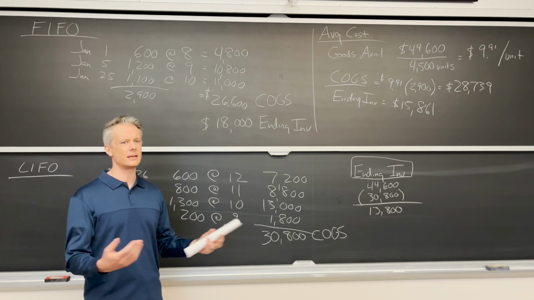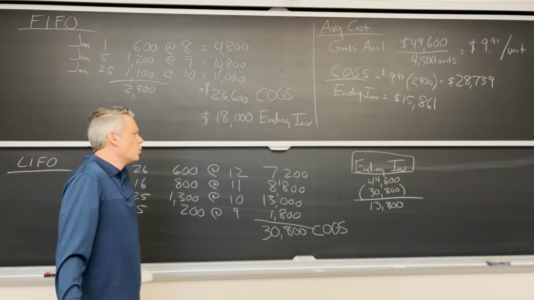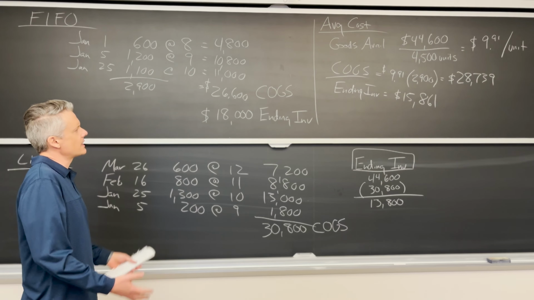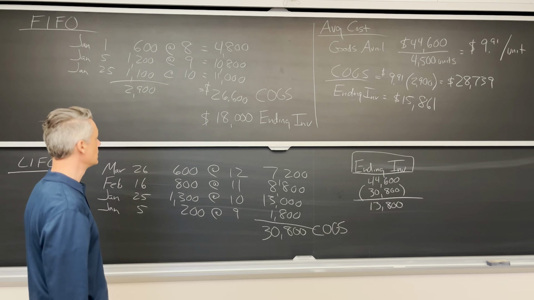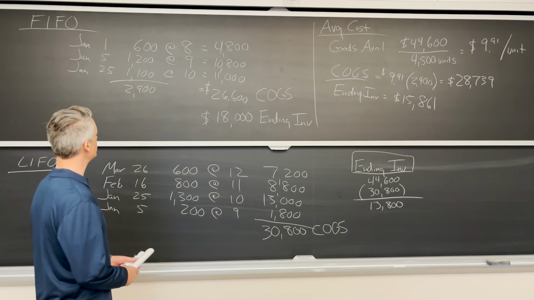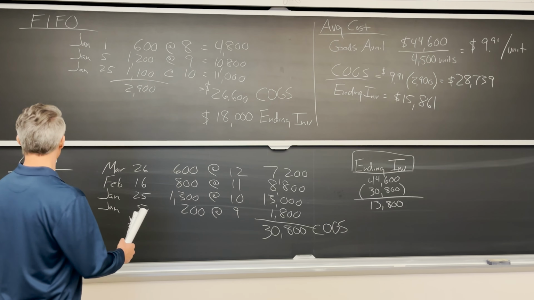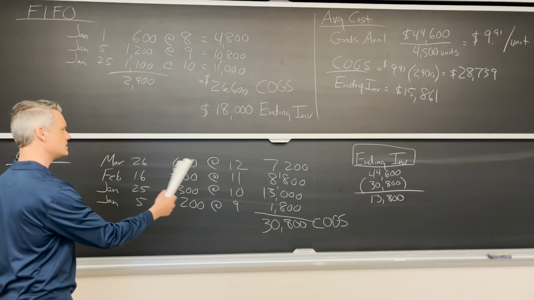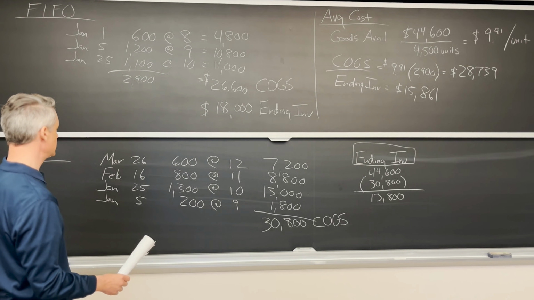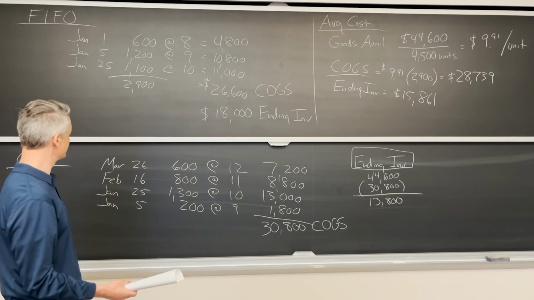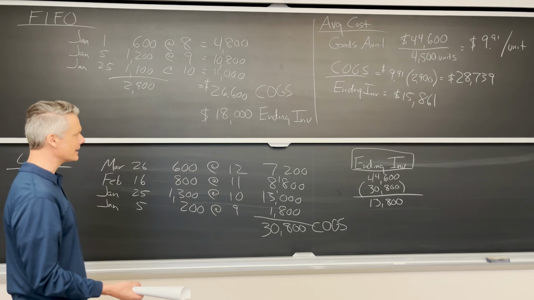Something to think about ending inventory is which one really resembles market value, because we can poke holes in any of these methods. For example, does LIFO represent the most accurate ending inventory if it's the oldest? Probably not.